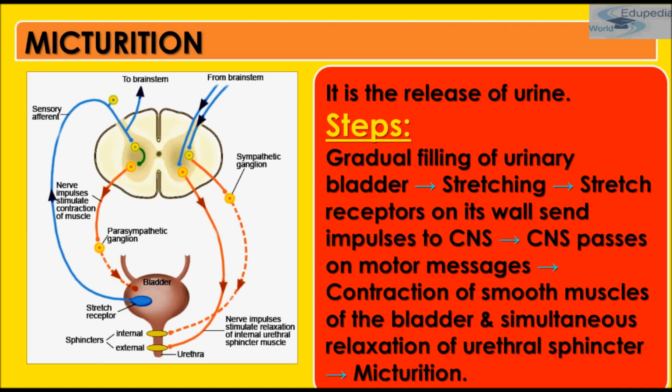So the question may come, what is the nerve of micturition? That is the parasympathetic nervous system, because it helps in the relaxation of the internal sphincter, and thus it helps in emptying of the urinary bladder.